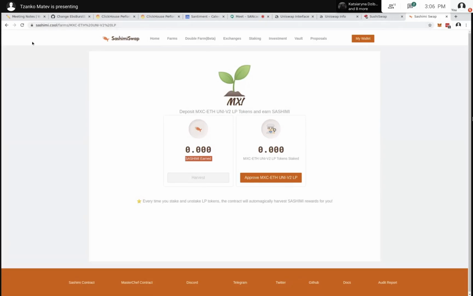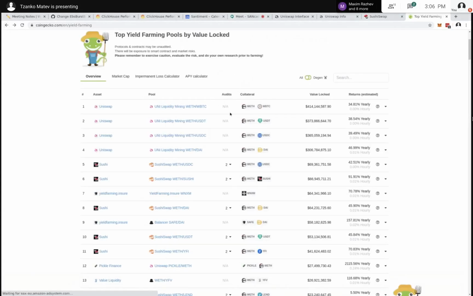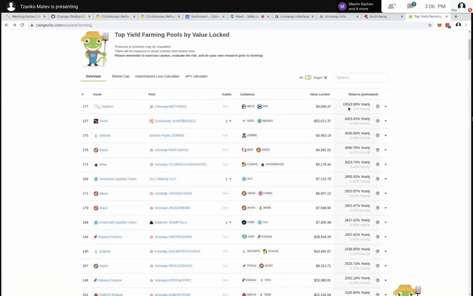And I think at this moment, according to CoinGecko, if we compute the interest rate from this investment, currently it is 15,000% per year. So this is one usage of those ERC20 tokens.